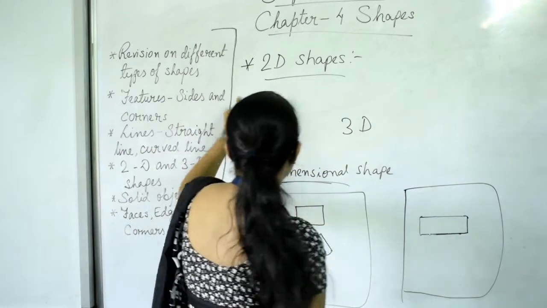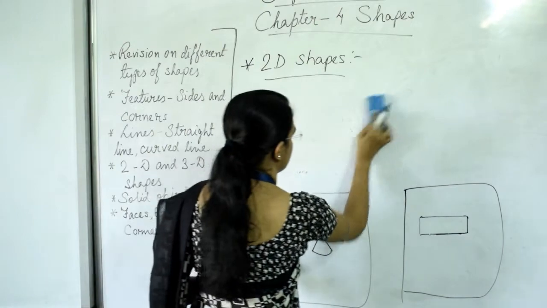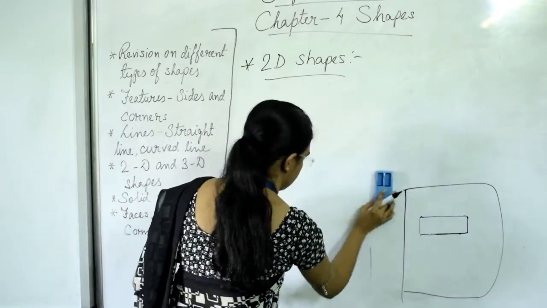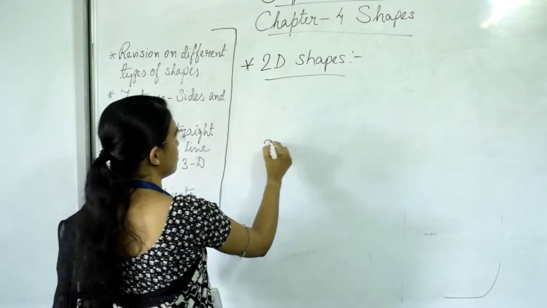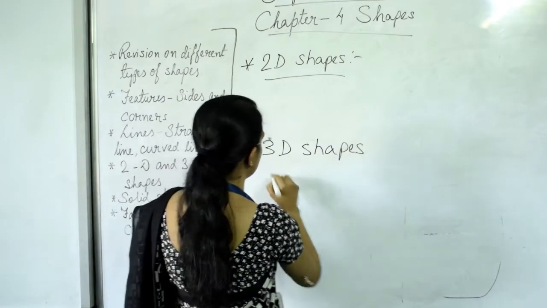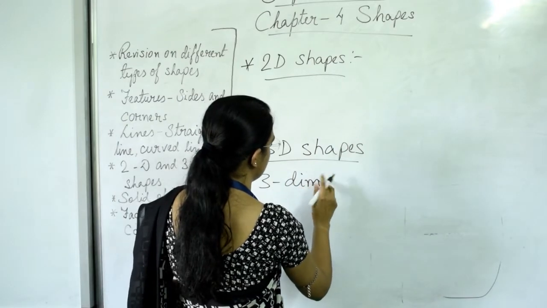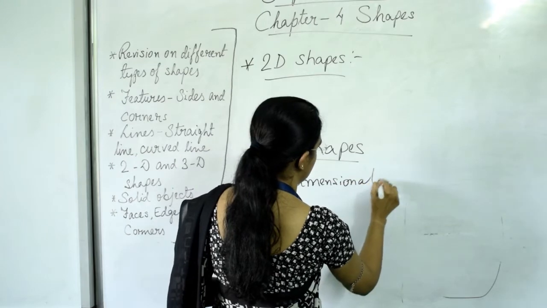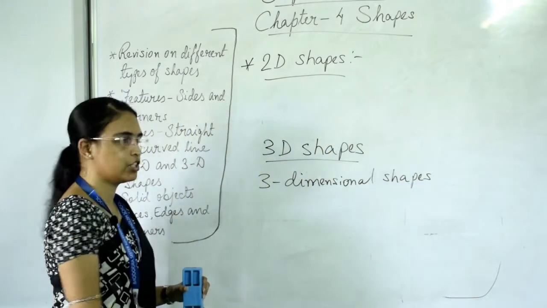And now, what is a 3D shape? 3D shapes are solid shapes. 3D means three-dimensional shapes.